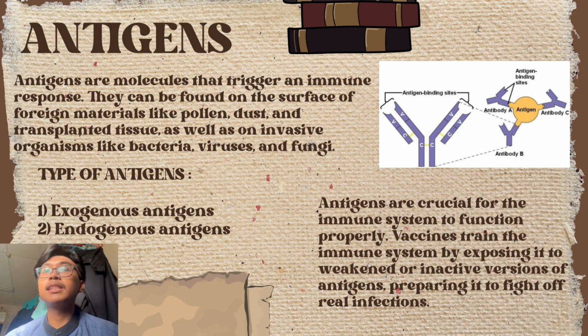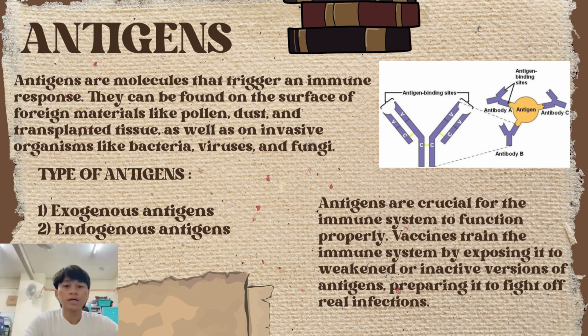The immune system recognizes antigens as foreign and mounts an attack against them. This attack involves producing antibodies, which are specialized proteins that bind to antigens and mark them for destruction.